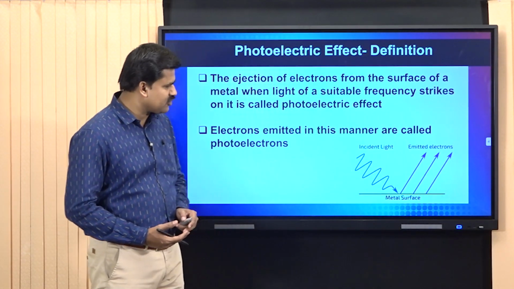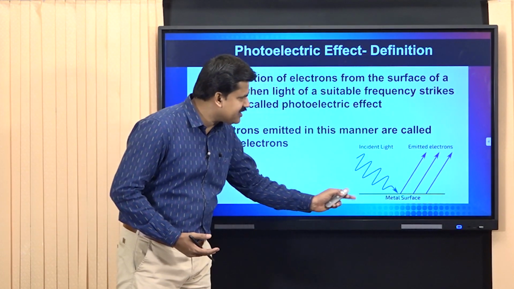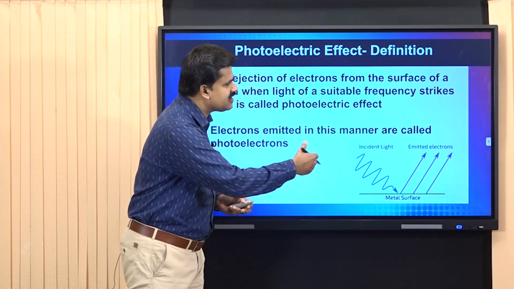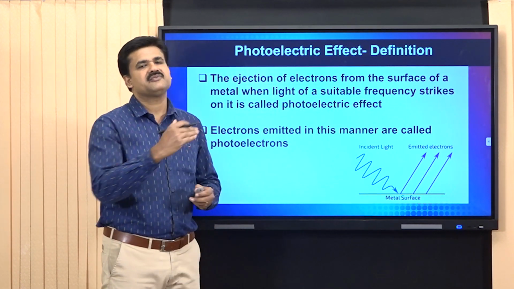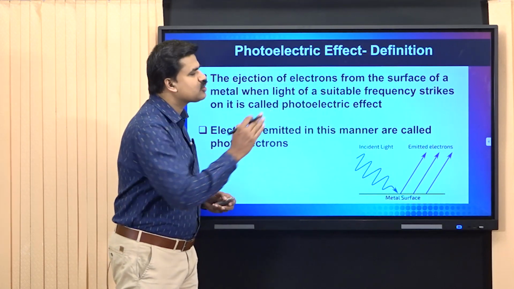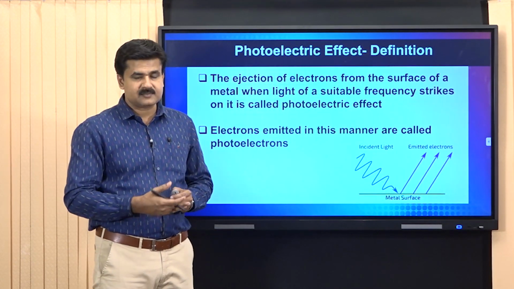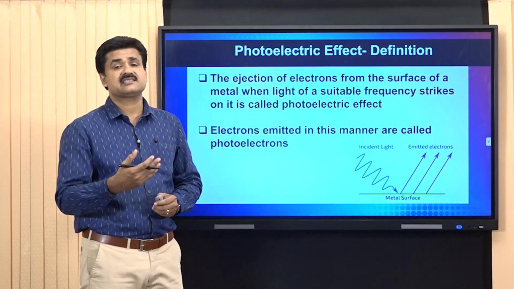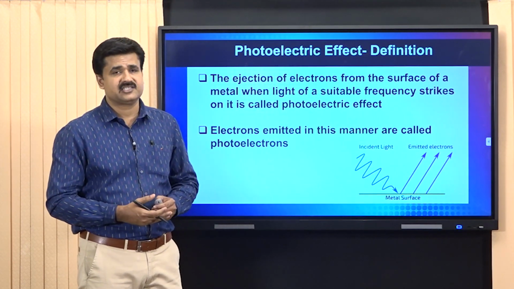Incident light photons strike a metal surface, and as a consequence, electrons are emitted from the surface of the metal. The emitted electrons are the photoelectrons that can be amplified and converted into a current. That current is called the photoelectric current.